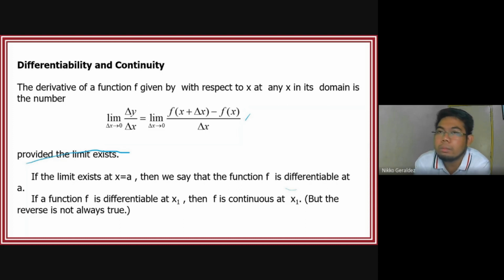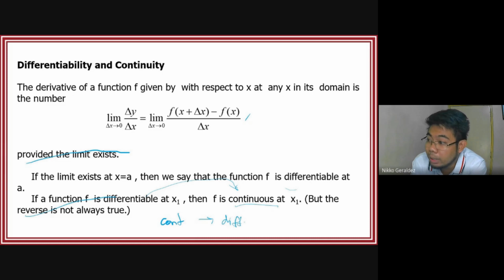That means it satisfies the three conditions: f of c exists, the limit of f of x exists, and f of c is equal to the limit of f of x. So it is continuous. As long as it is differentiable, the function is continuous. But it says here, the reverse is not always true. That means just because a function is continuous doesn't mean it is differentiable.